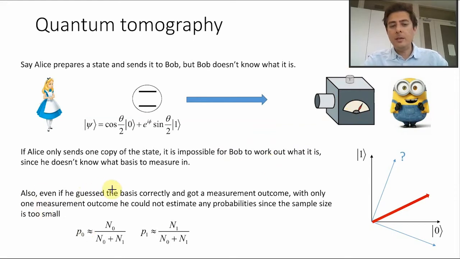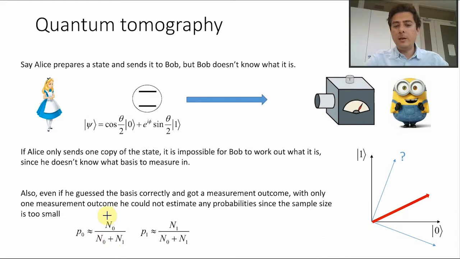And even if he guessed the basis correctly just by sheer luck, so he just randomly twiddled the knob and managed to get it in the right basis, where you should get 100% probability on one of the measurement outcomes, he'll never know that he got it right because there's not enough statistics to work out what probabilities he actually got, because he only did one measurement, one outcome.